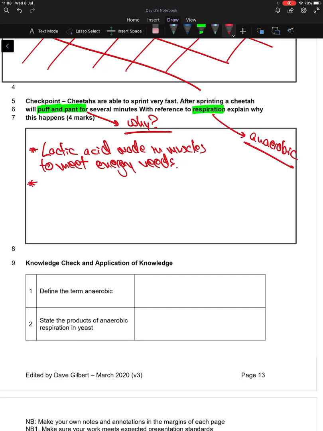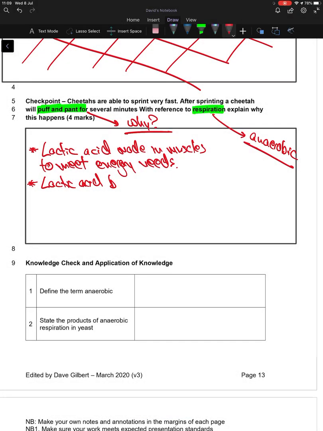So what does it need to break down this lactic acid? Folks, so lactic acid is broken down by oxygen. So the cheetah puffs and pants and its breathing rate stays high.